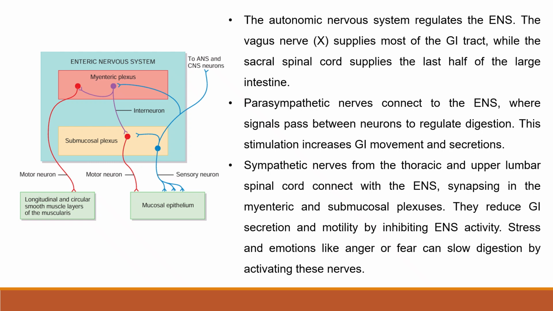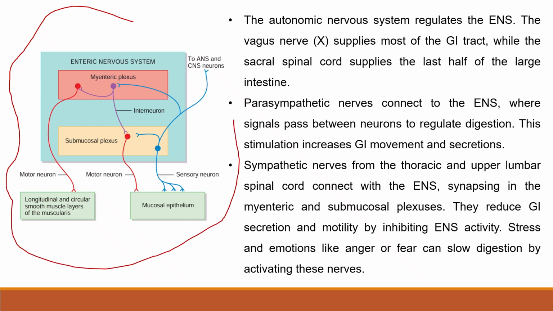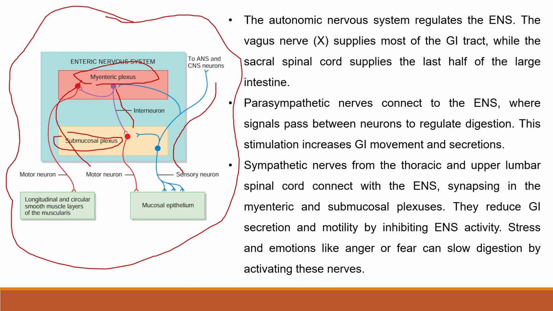This diagram is actually showing the enteric nervous system and how it is connected with our two plexus. The myenteric plexus you can see here, and the submucosal plexus, they are connected with the interneuron, and here we can see the motor neuron, and it is even connected with the ANS, with the sensory neuron.